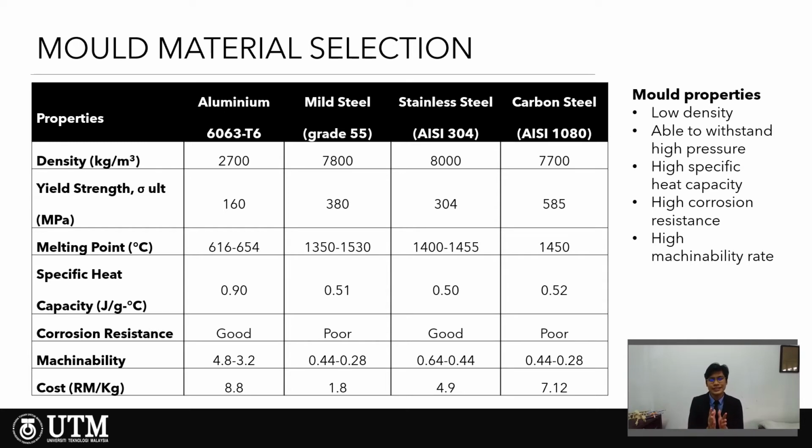The mold must have low density, be able to withstand high pressure, have high specific heat capacity, high corrosion resistance, and a high machinability rate. Based on my research and findings in the literature review, all the manufacturers use aluminium 6063.